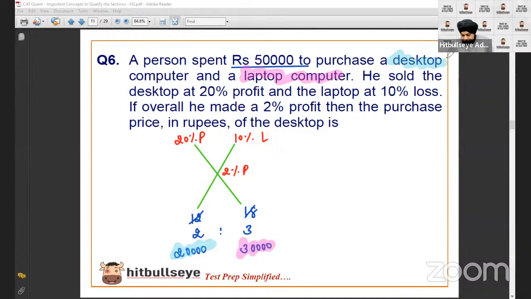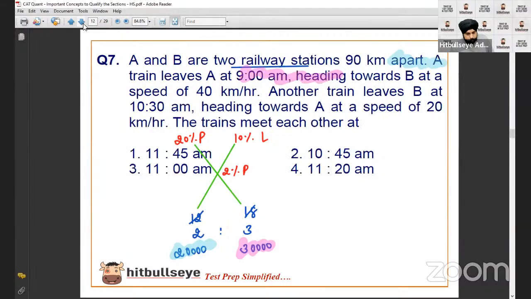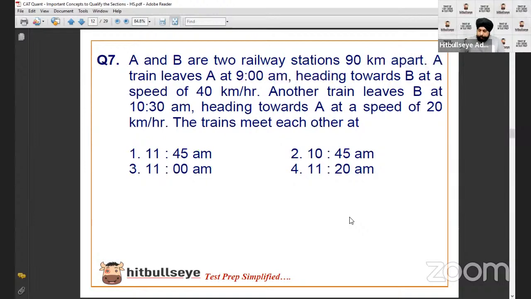Khushi, Rahman, Tawana, I think you have got that, how to answer that. Let me try further and go to this question. A question on time, speed, and distance. Answer it, people.